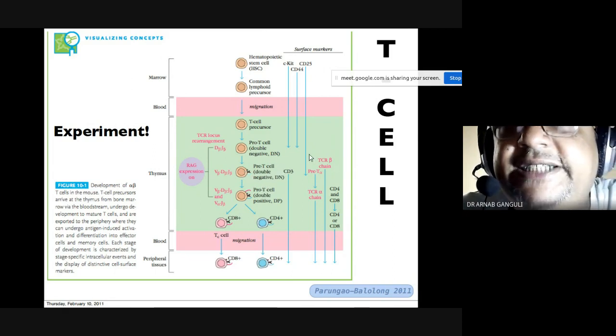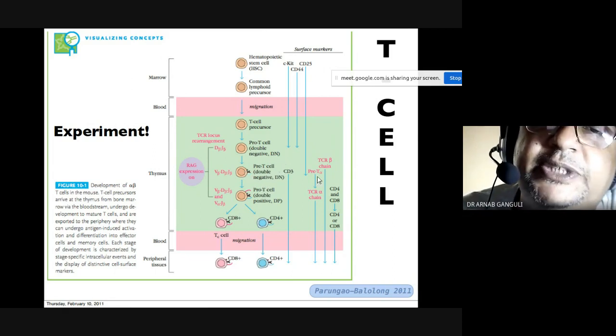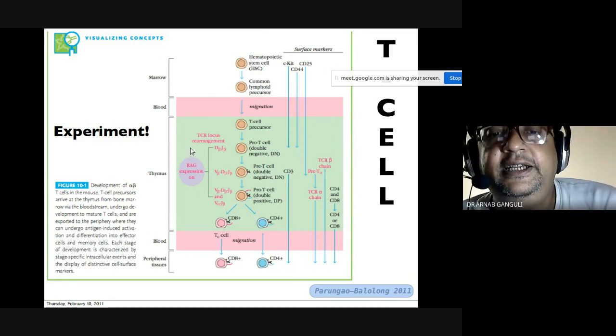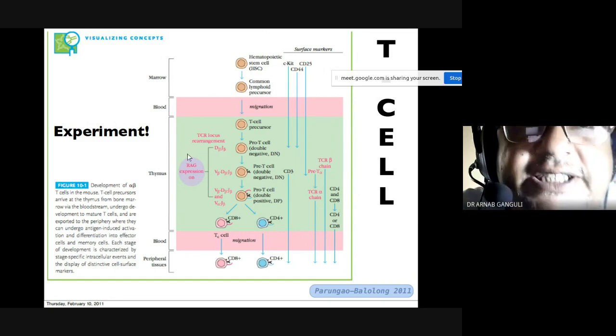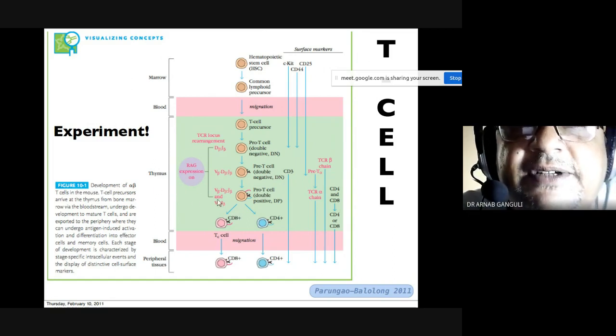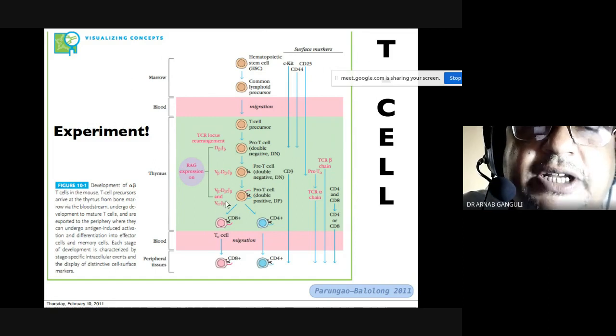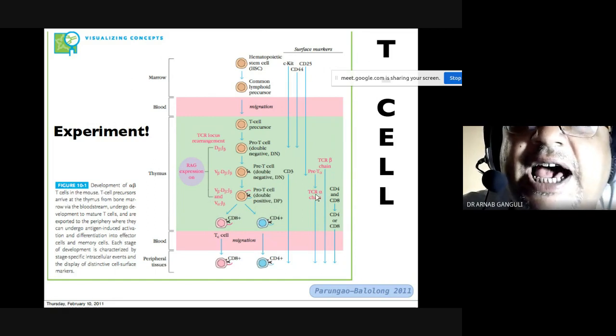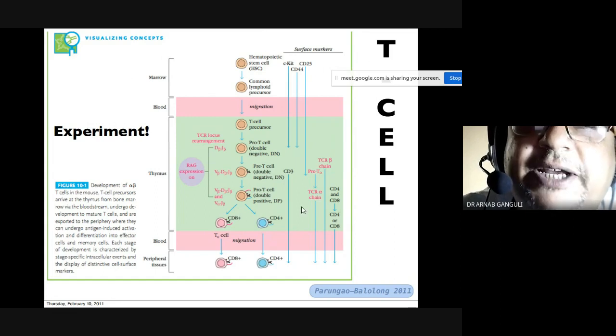These are the surface markers which are expressed at that time. Here, the RAG gene is expressed. Then V alpha to J alpha rearrangement takes place, and it forms the double positive T cell. This is known as double positive because all of them are expressed. TCR alpha and beta, both of them are expressed.